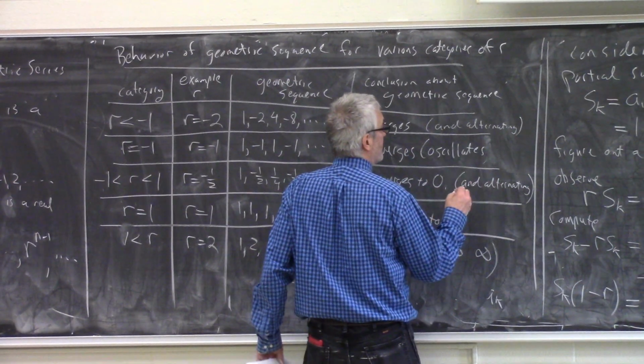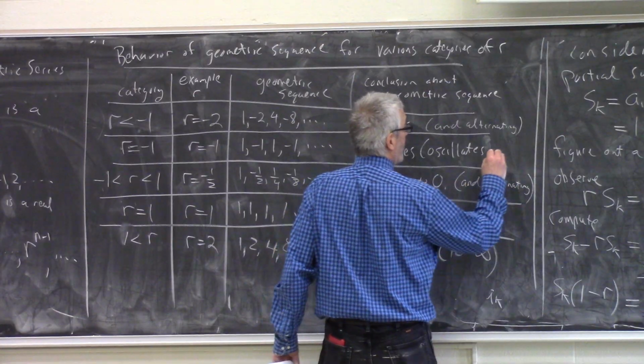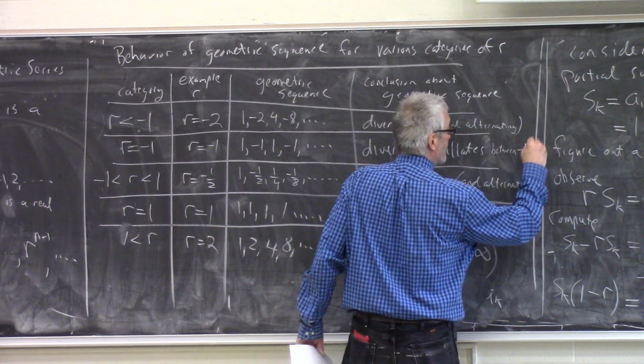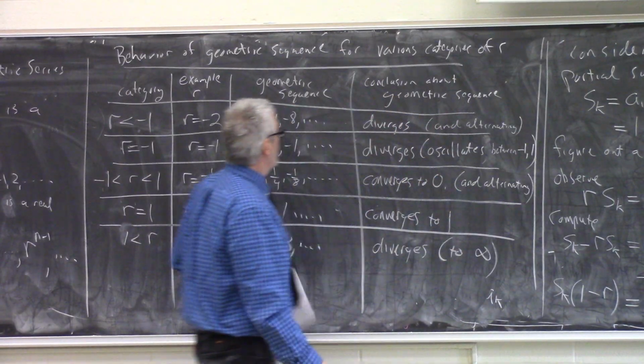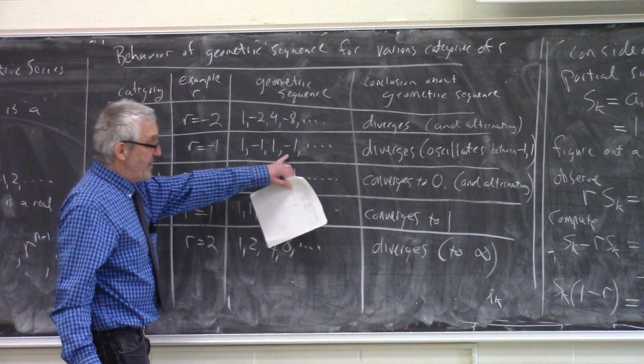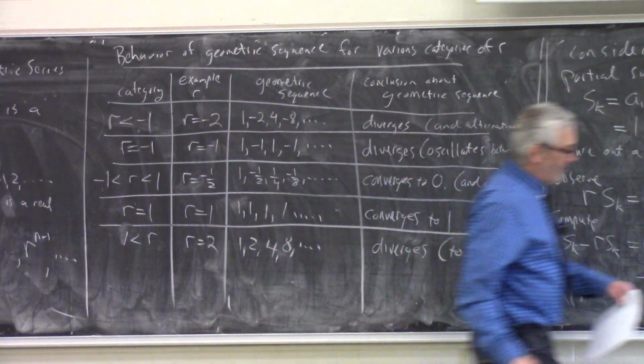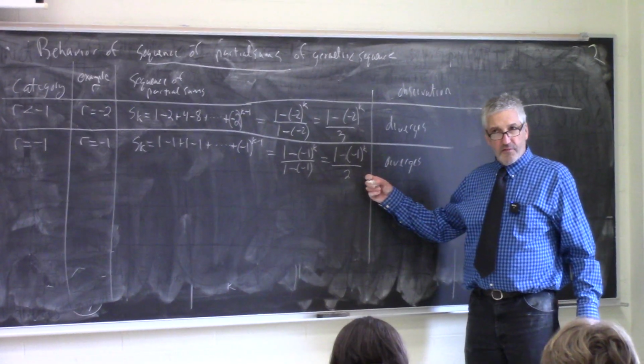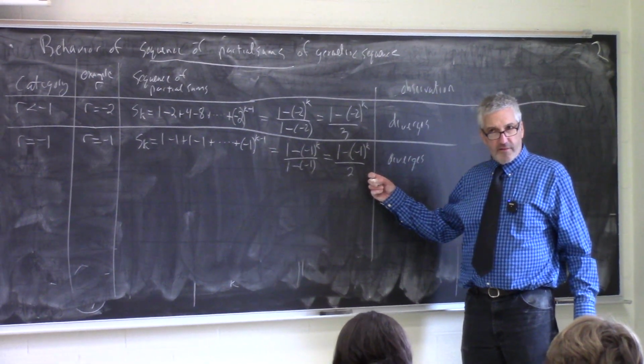The geometric sequence with r equals -1 oscillates between -1 and 1. This list of numbers alternates between -1 and 1. Look at this list of numbers. This is going to oscillate too, but what's it going to oscillate between?